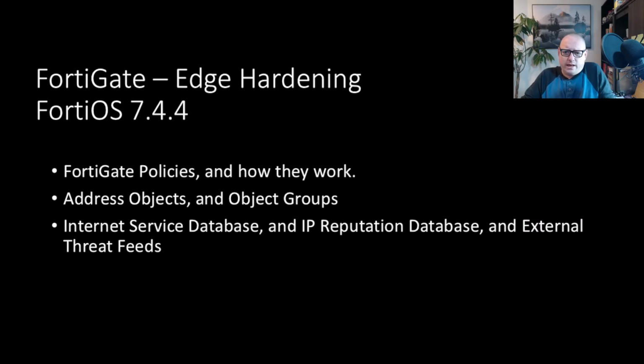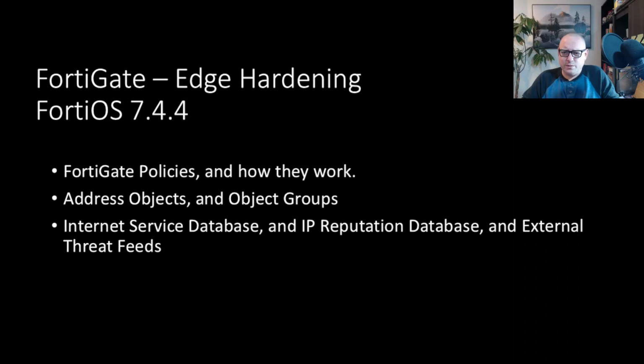So right now, I'm going to focus on the FortiGate firewall and how I recommend that people apply some configuration to help secure those devices. So we're going to talk quickly about policies and address objects and groups, and we're going to talk about a few technologies like the Internet Service Database and the IP Reputation Database.